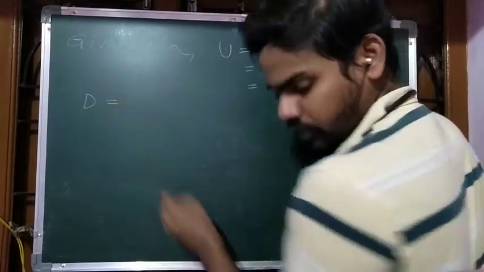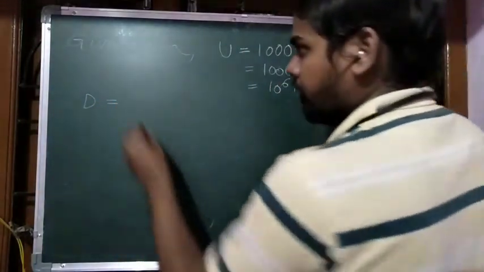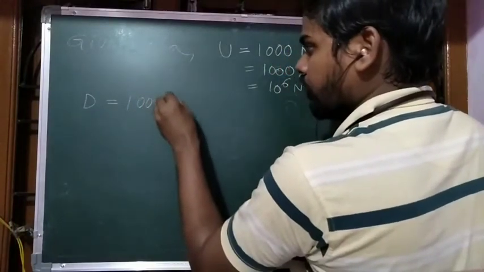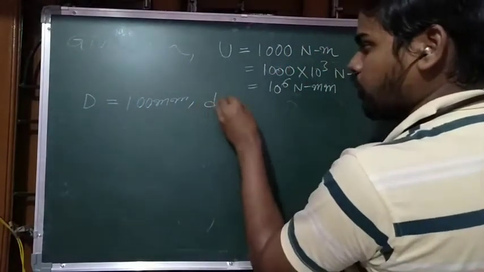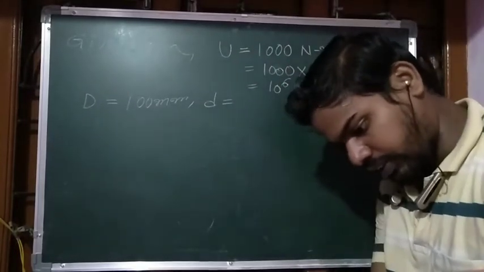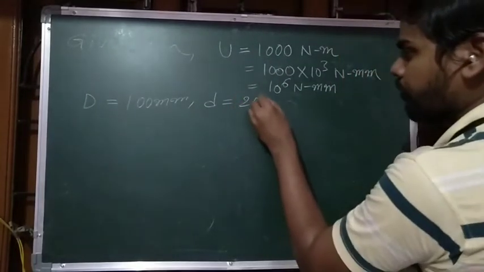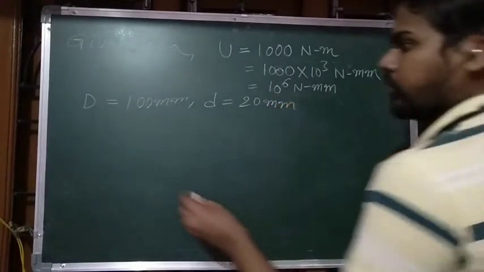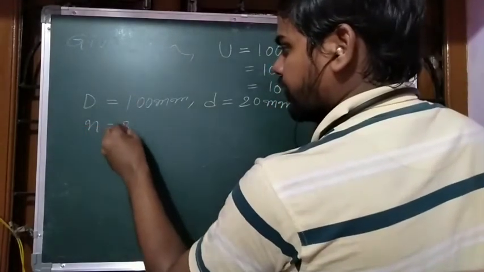Next, mean diameter of the coil, D is 100 mm. And wire diameter, small d, is 20 mm. Number of active coils is 30.